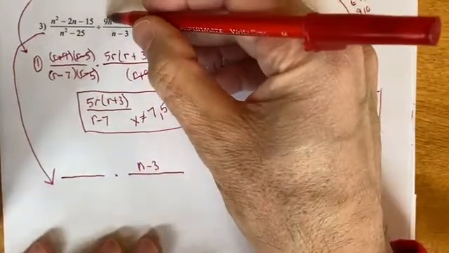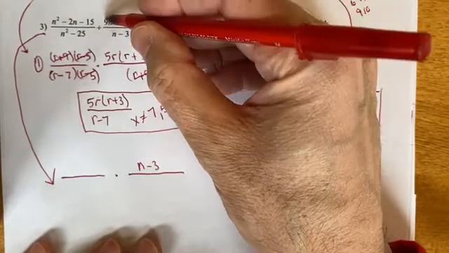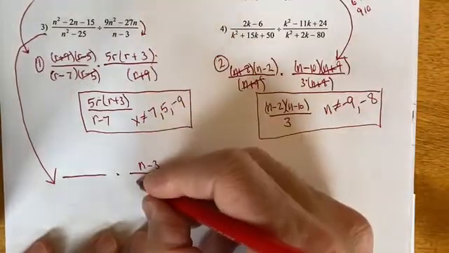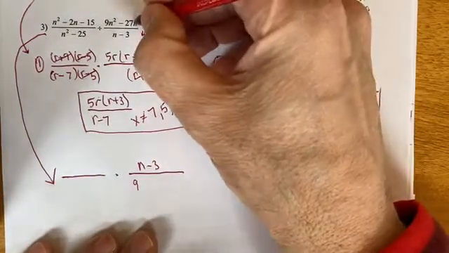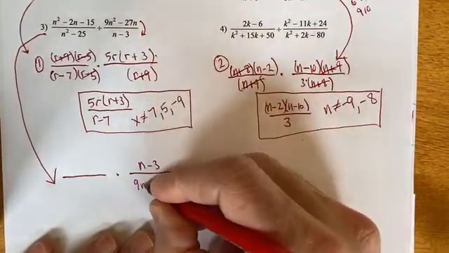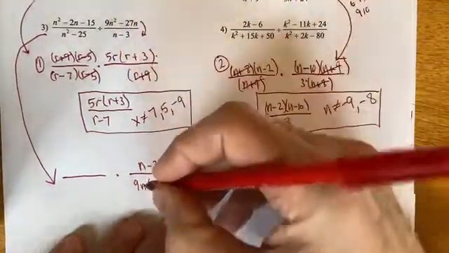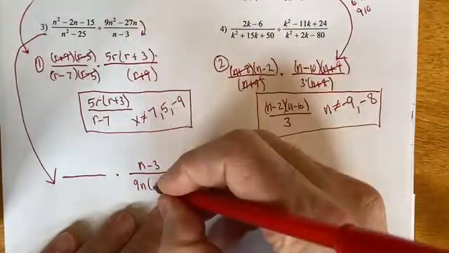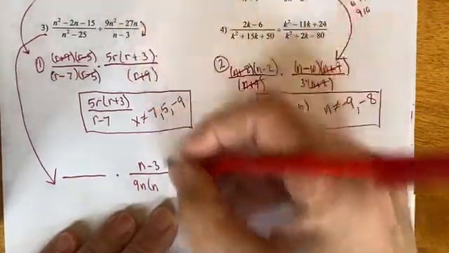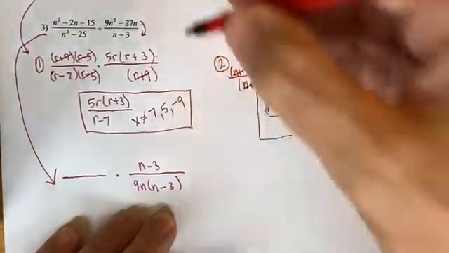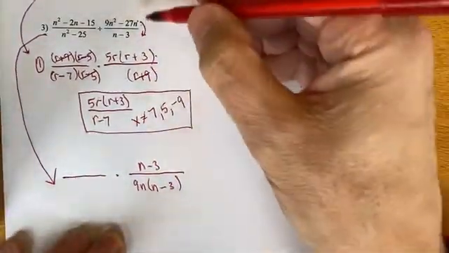And 27 times, or 9 times 3 is 27. So we can take a 9 out of both of these. And you can take one n and divide one n away also. And 9n times 1n is 9n squared. 9n times 3 is 27n. So we have this all good.